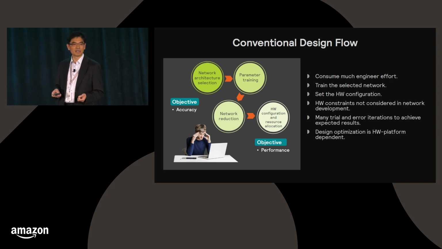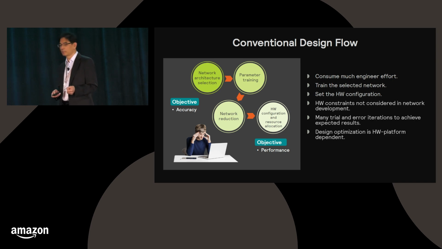That can take days or even weeks. Moreover, this kind of optimization is hardware dependent. So if you want to get your application running on another hardware platform, you need to repeat the same process. So this is truly a very time-consuming process.